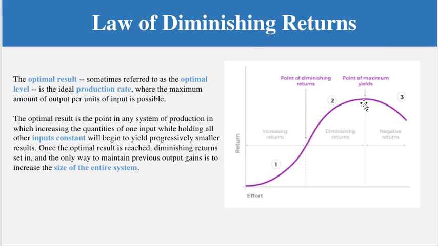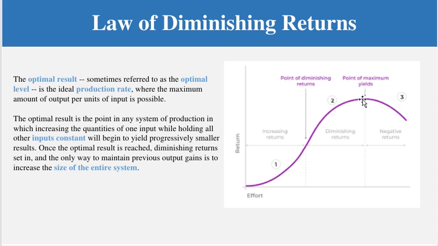For example, this is the maximum point of production. This is the maximum point you can reach, and if you add more resources from here, it will start decreasing and will not increase further.